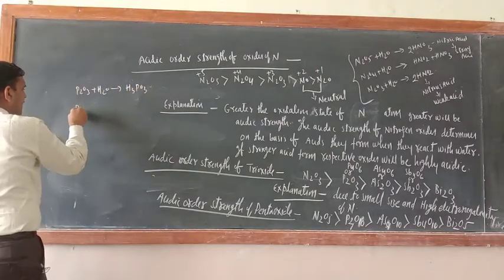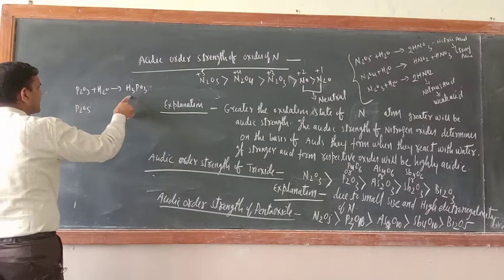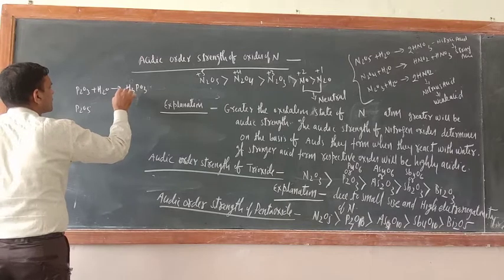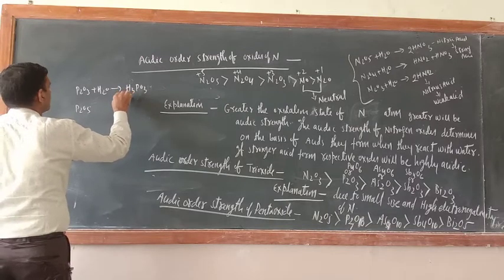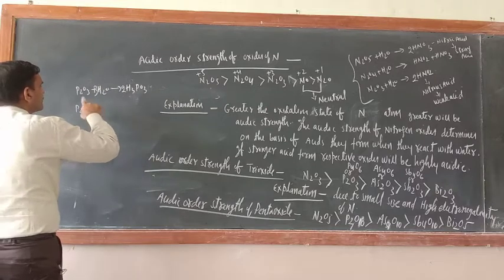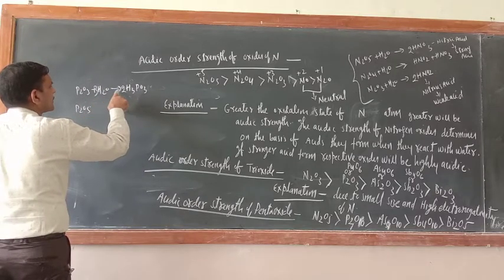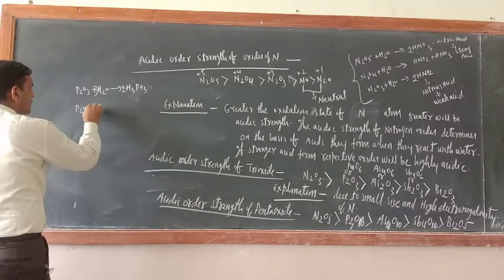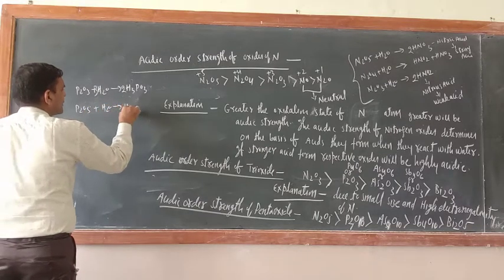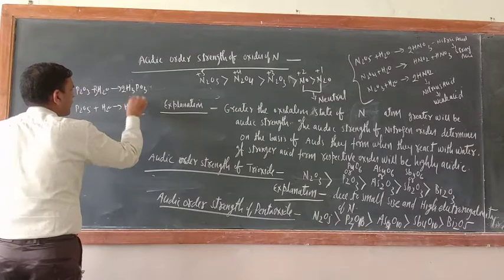Similarly, P2O5. Check whether the reaction is balanced or not. Write 2 here, 3 here, so 3 and 6, 3 to the 6, balanced. P2O5 reacts with water and form H3PO4.